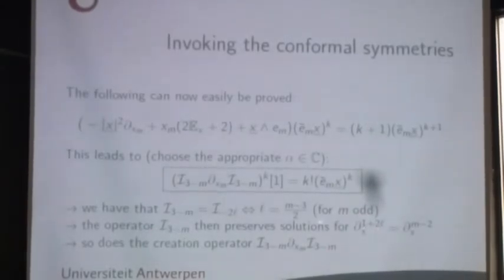So 1 plus 2l, if I plug it in, is the Dirac power n minus 2. So this means that this combination here, inversion and then the partial derivative and inversion, preserves solutions of this power here, Dirac to the power n minus 2.